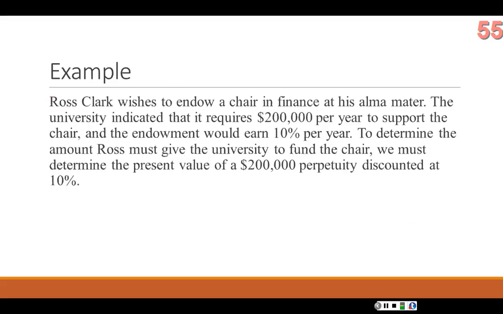So here's an example. Ross wants to endow a chair in finance. It requires $200,000 a year to support the chair, and they could earn 10% on the endowment. So we have to determine how much he has to give the university now, if they can earn 10% and are going to withdraw $200,000 a year forever.